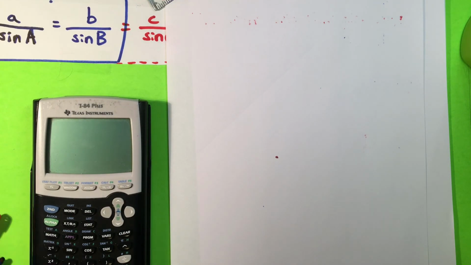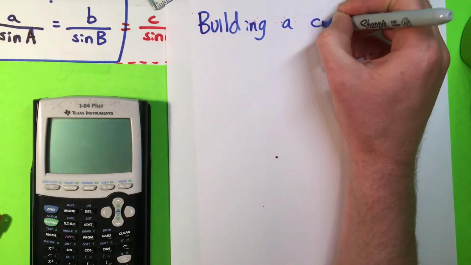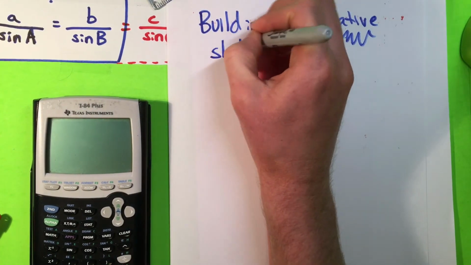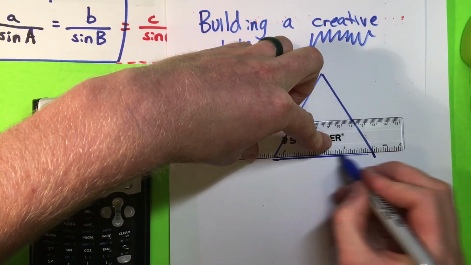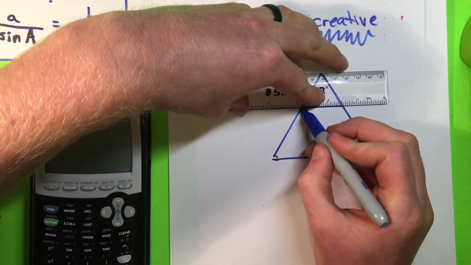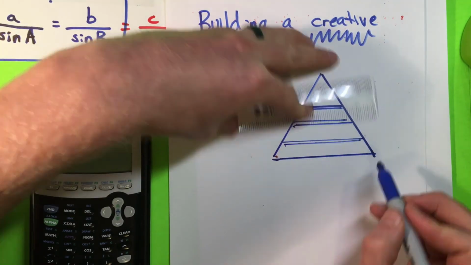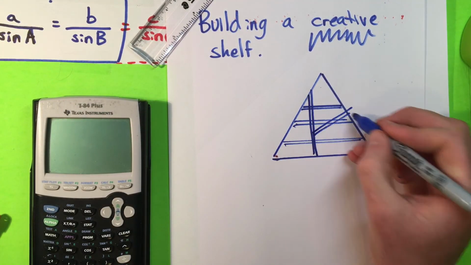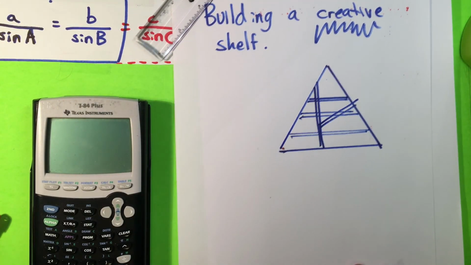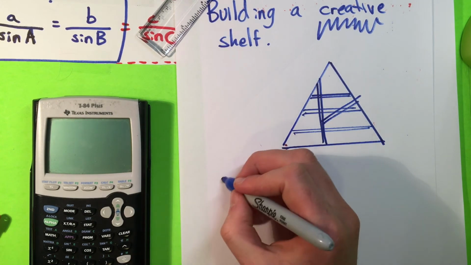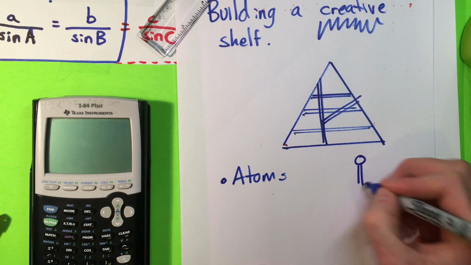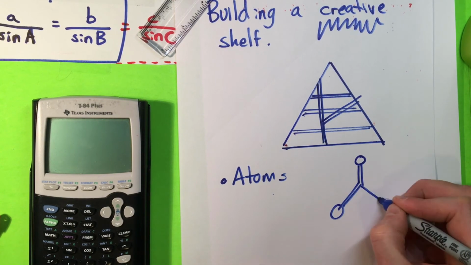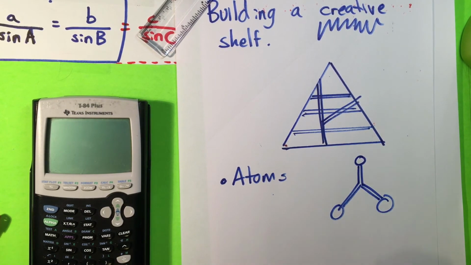So a little bit complicated, but you can use it to find kind of cool pieces of information that you'd never think was possible. Another thing you can do is build a creative shelf. I've tried that before, and I happened to have to use sine law in building it. Another thing is if you go on to chemistry, sometimes you do things where you're not expecting to use trigonometry, and it just naturally comes up, and you have to use it to solve your problem.